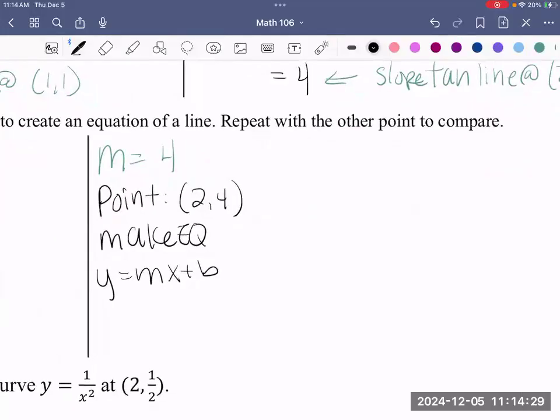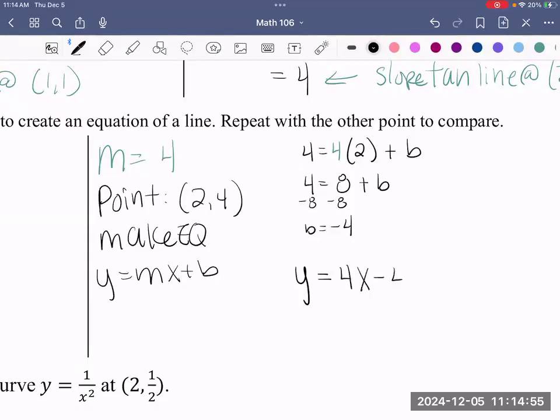So we have 4 is equal to 4 times 2 plus b. So you have 4 is equal to 8 plus b. Subtract your 8 to the other side. b is equal to -4. Therefore, the equation is y is equal to 4x minus 4.